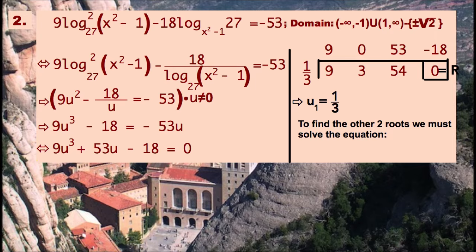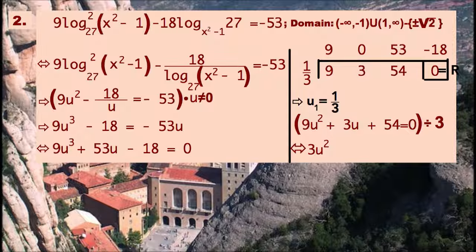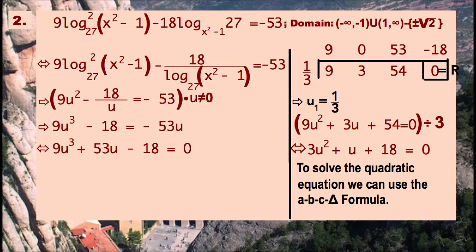To find the other two roots, we must solve the equation 9u squared plus 3u plus 54 equals 0, because that was the quotient from our synthetic division. Divide both sides of the equation by 3, which gives an equivalent 3u squared plus u plus 18 equals 0. And to solve this quadratic equation, we can use the ABC discriminant formula.